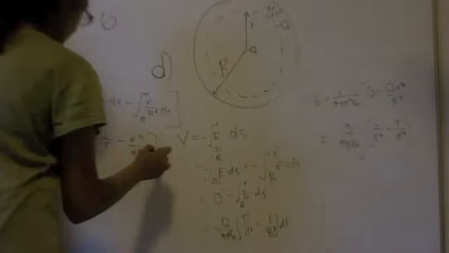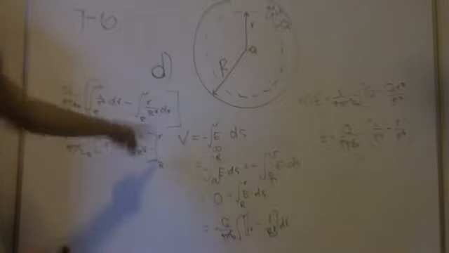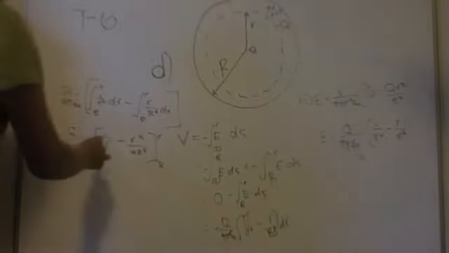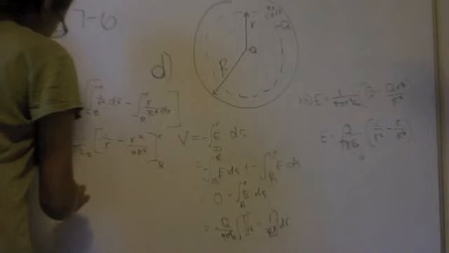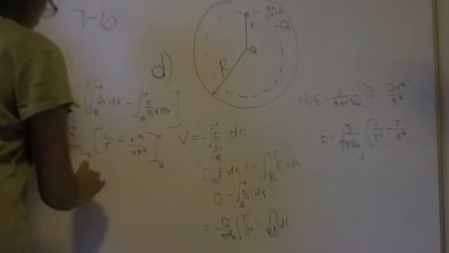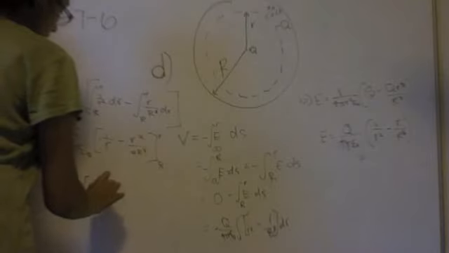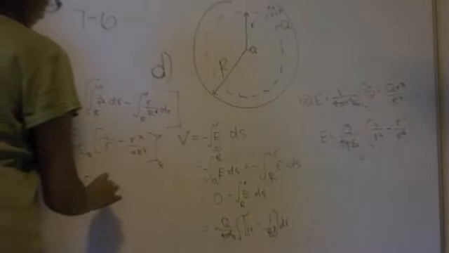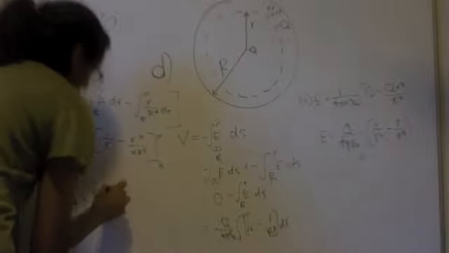And that's evaluated from big R to little r. So you're going to plug it into this part of the equation first: negative Q over 4 pi epsilon naught of negative 1 over big R, or plus, since you're adding a negative, plus 1 over big R.